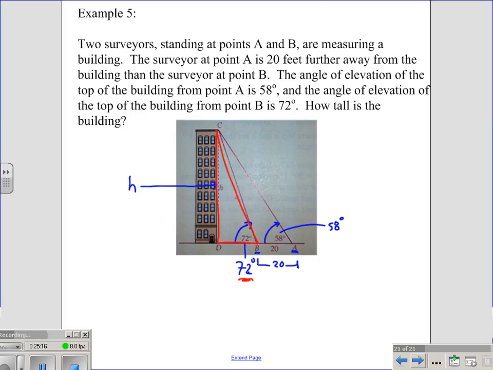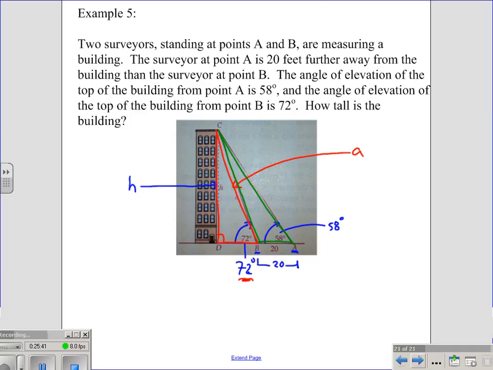So this side here is labeled A. If we had that information, that would make the hypotenuse of a right triangle, and that would be very helpful. Now that side A is also part of a second triangle here, which would be here in green, that we're given a little more information on.